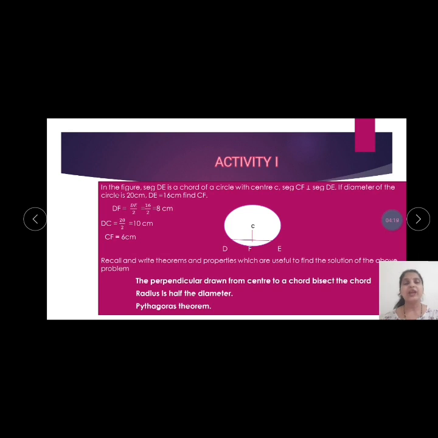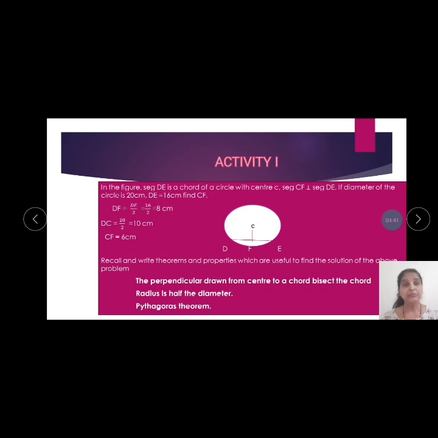Now here we have to specify which properties we have used to solve this particular problem. Now you know DE is a chord and CF is the perpendicular. What does that perpendicular do to the chord? When it is drawn from the center to the chord, it bisects the chord.